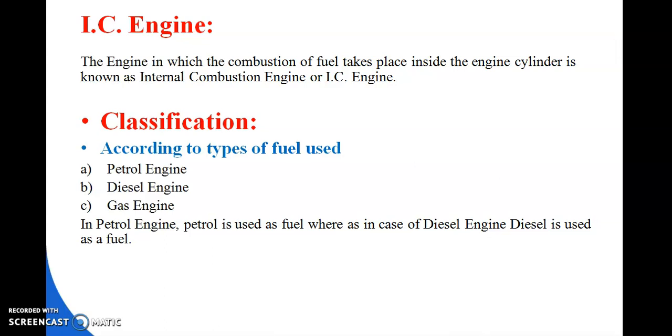So during the shifting of gear, we disengage the clutch and shift the gear. After shifting the gear, we engage the clutch. So the clutch has more importance during the shifting of gear, and it is very essential.